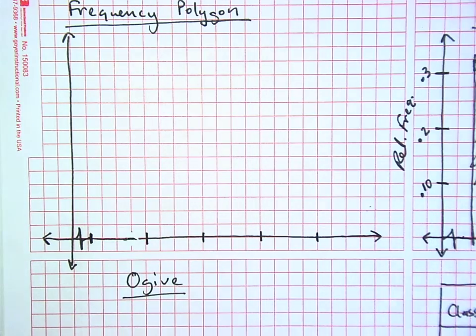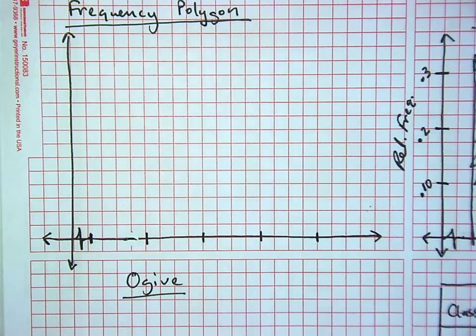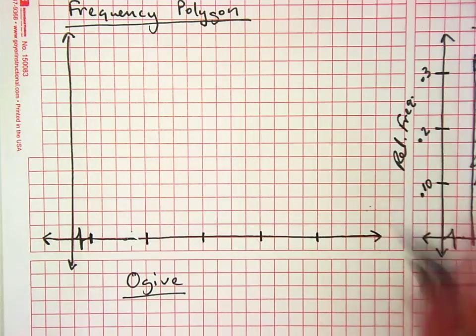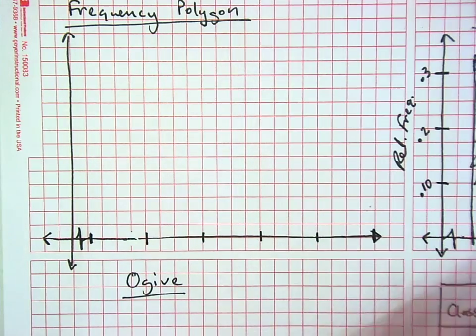And you do 1 extra. So you're going to put in 1, 2, 3, 4, 5, 6 dashes here, which is 2 extra than the classes we have. Do you remember we have 4 classes in this?